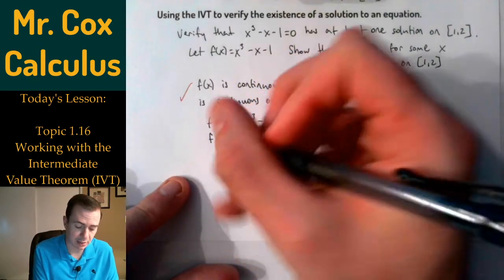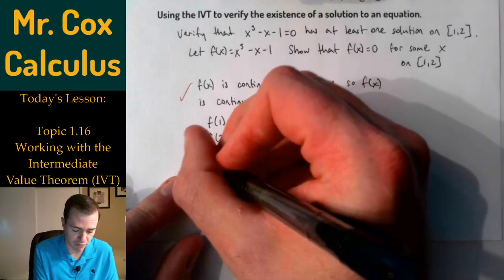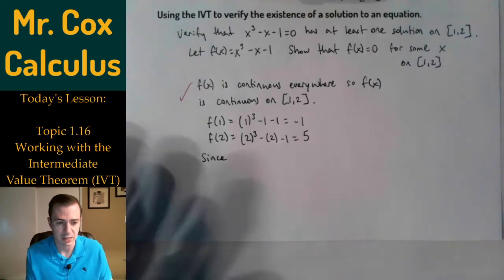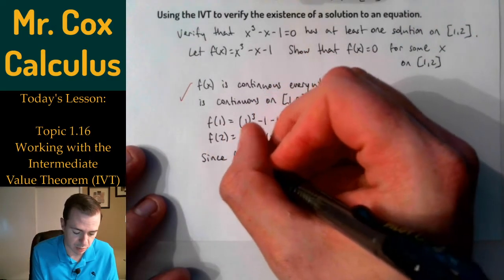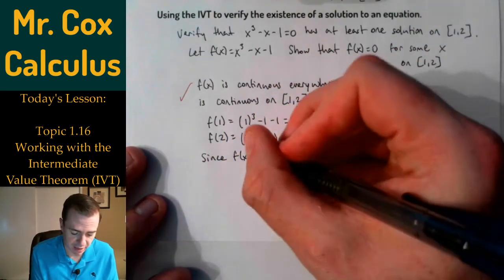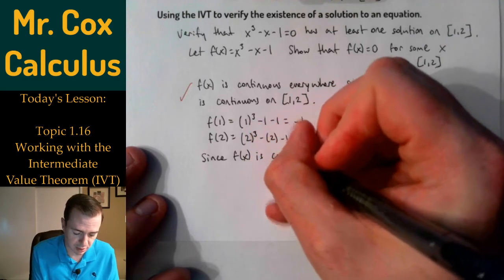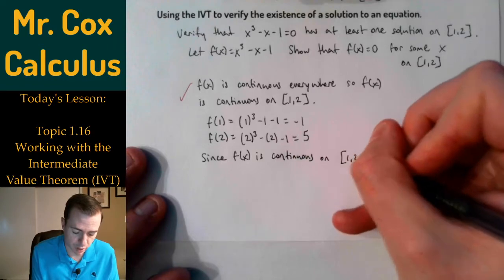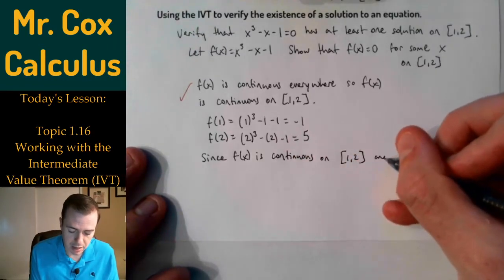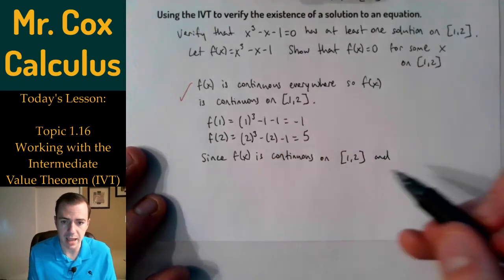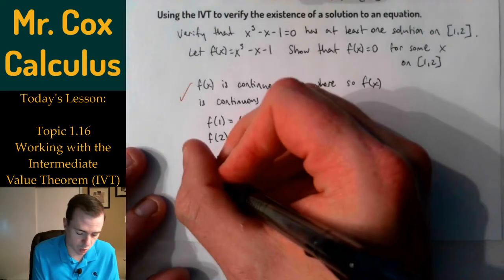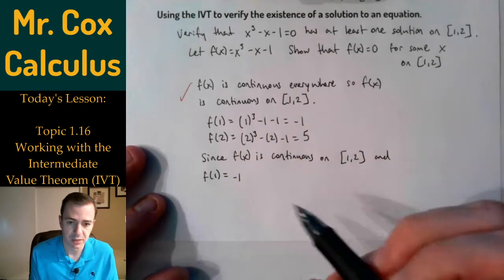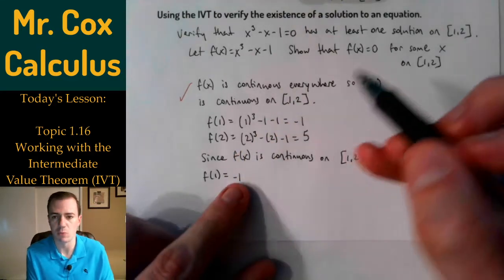I'm going to go ahead and jump into our final argument here. I'm going to repeat what I said up here because I like for everything to be concise in one spot. So since f of x is continuous on the closed interval from 1 to 2, and so there's my first bullet point, and because f of 1 is equal to -1, so there's kind of my left idea of what's happening.